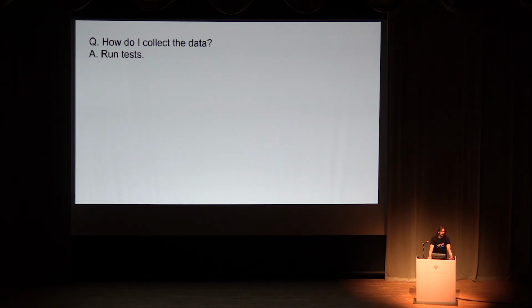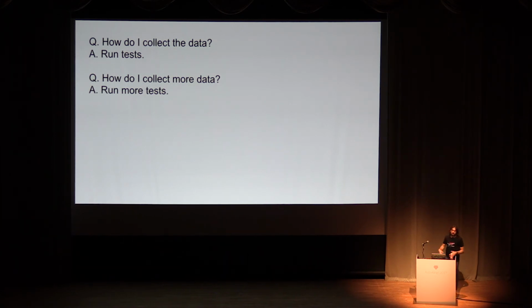So run your tests with the type tracker, and the type tuples will be transformed into type contracts, and you can use them later. However, one more question is how to get better results, how to get better contracts. Well, the answer is simple: run more tests. Because the more tests you run, probably the more different call sequences you'll have for the same methods.